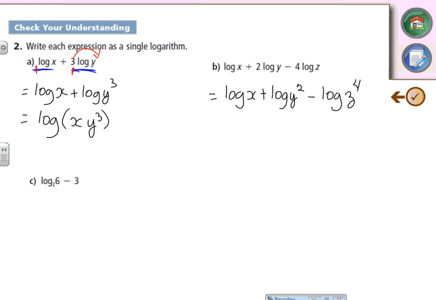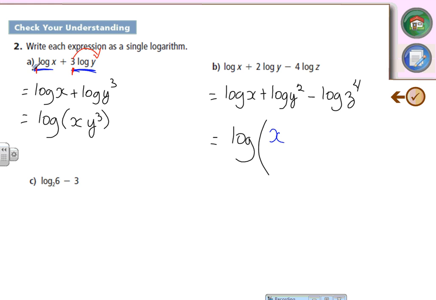So when we have more than one going on here, do it this way. Start log bracket. If there's a positive sign in front of that log, put it in the numerator. If there's a negative sign in front of that log, put it in the denominator. So x, the first one, had a positive in front, goes in the numerator.